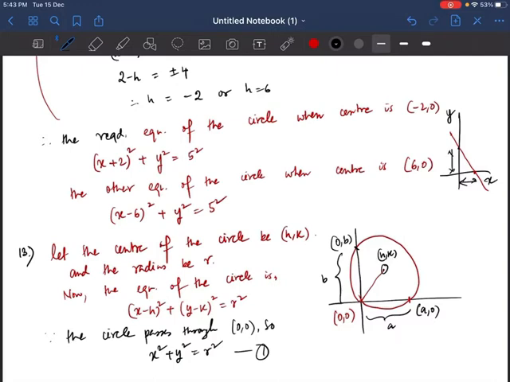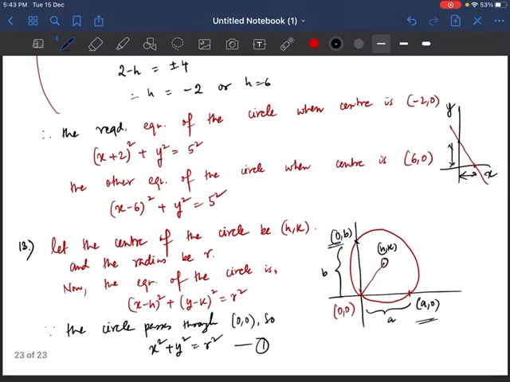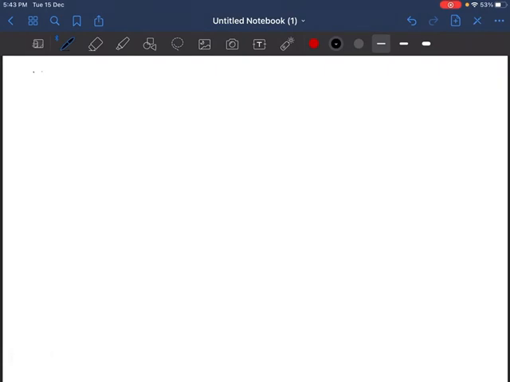Now the next thing, you see that it passes through the point a comma 0 and it also passes through the point 0 comma b. So I will find equations with respect to those two also. So since the circle passes through a comma 0, my equation will be x minus a whole square plus y square is equal to r square.